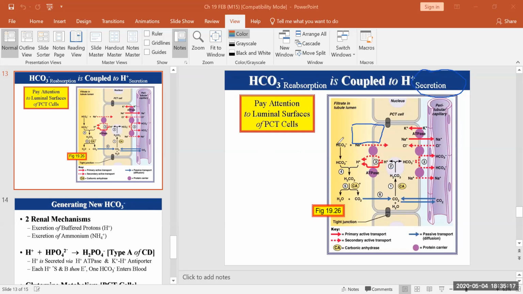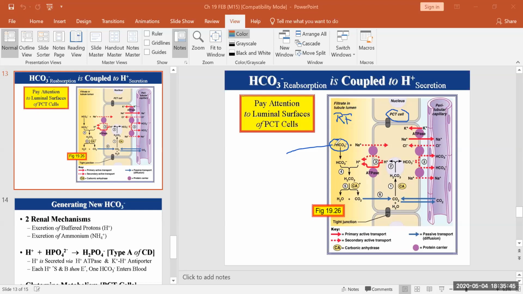Now, you have bicarbonate here, and this is at the PCT. So we are talking about the proximal convoluted tubule, right? So PCT cells. So what you have is, this was filtered. So this is what's filtered out. This is the renal filtrate here, coming from the renal corpuscle.